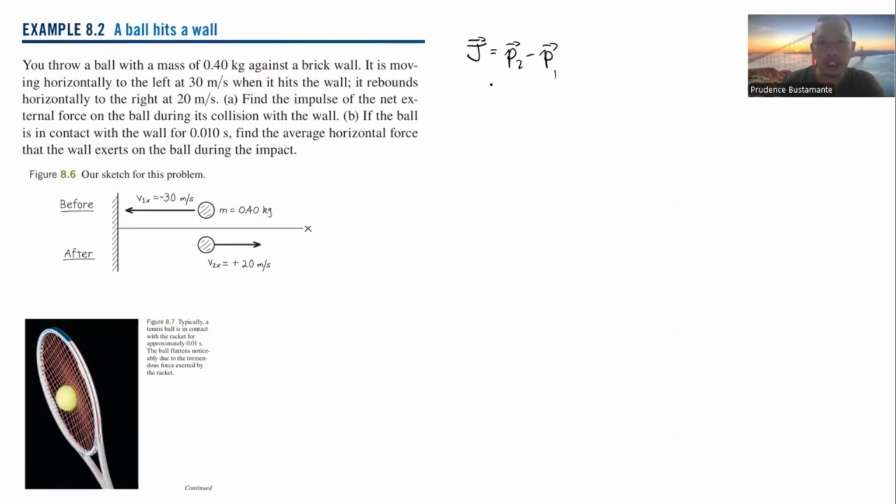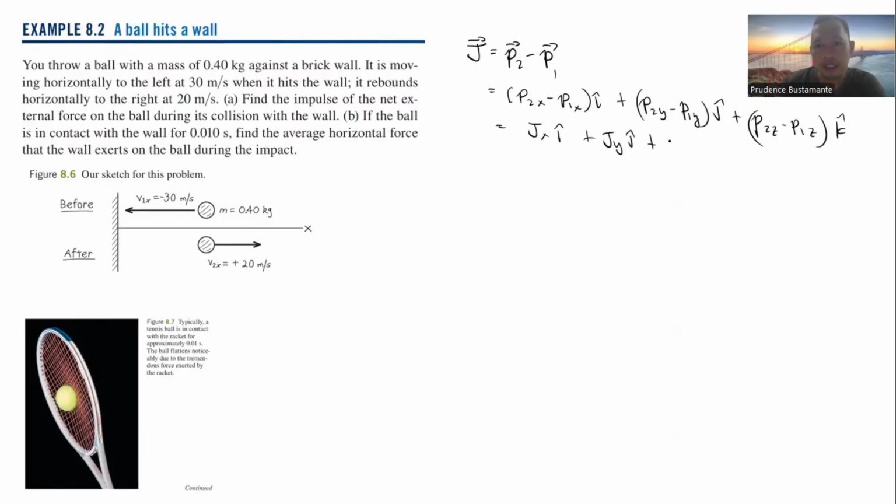Since this is a vector quantity, we can express it in component form: P2x minus P1x i hat, plus P2y minus P1y j hat, plus P2z minus P1z k hat. This is equal to Jx i hat plus Jy j hat plus Jz k hat. So this is now the impulse.